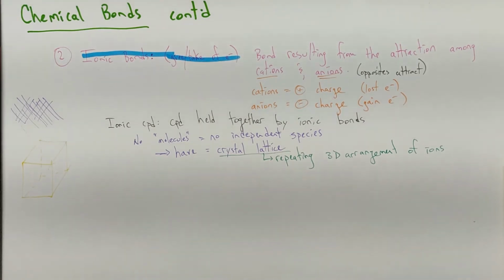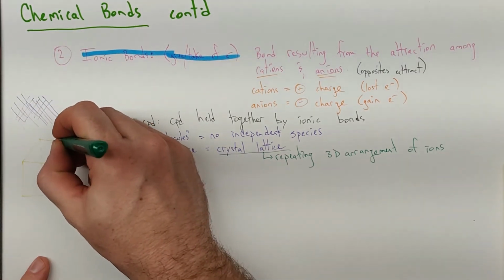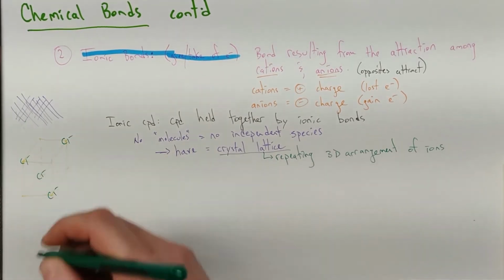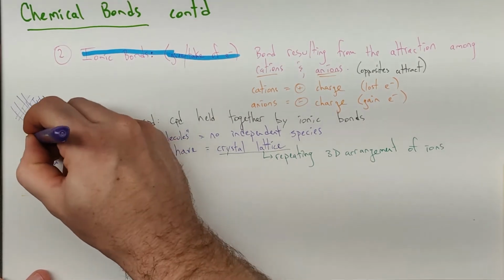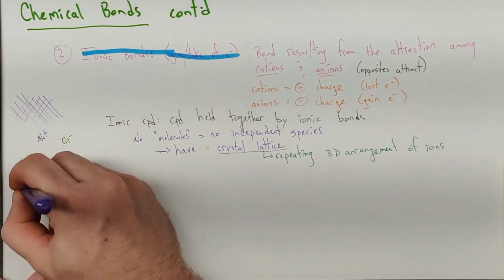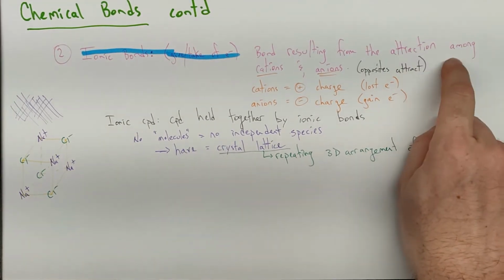And if we look at something like sodium chloride, it happens to have that simple cubic structure. And we have maybe our chlorines here. I'll draw those in first. And we have our sodiums. And they are attracted, as I had said here, among each other.